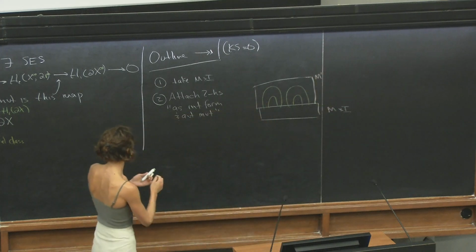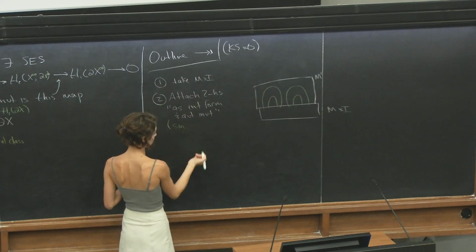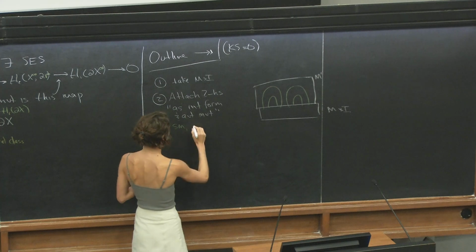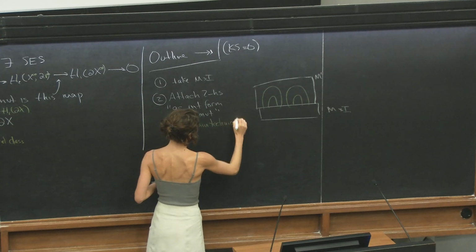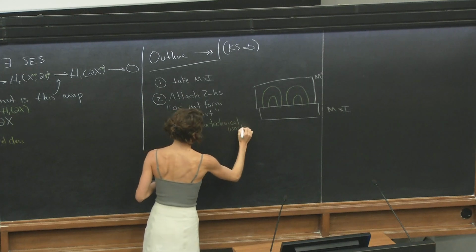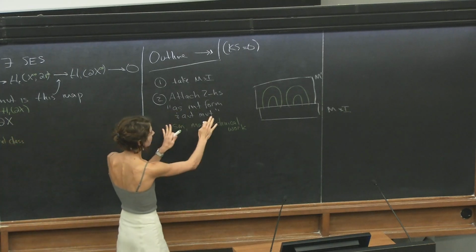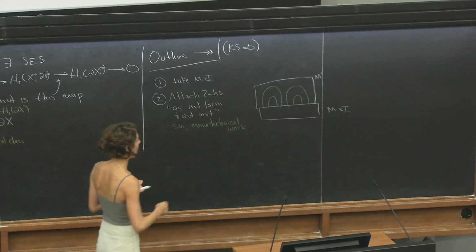A couple of comments about this. So far, what we've built is smooth. And this step here is the main technical work. Once you've attached all your 2 handles, you have some new M prime.